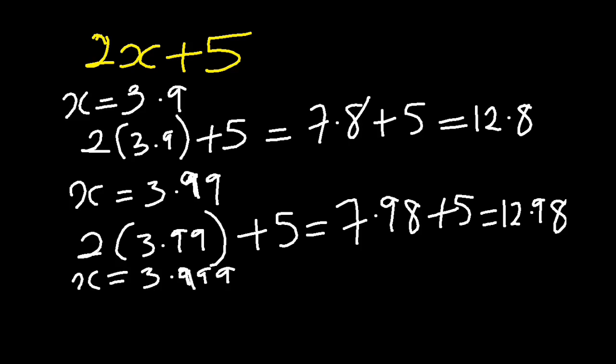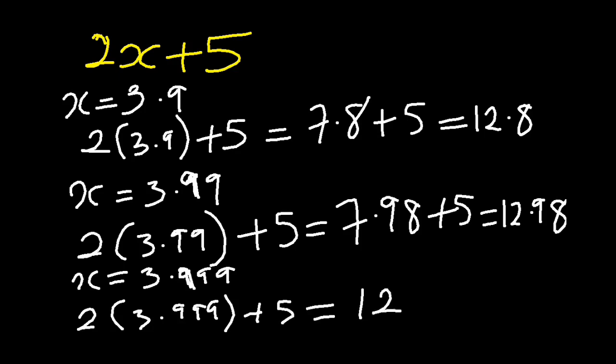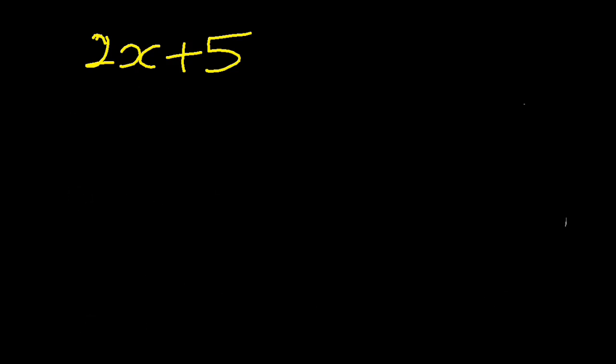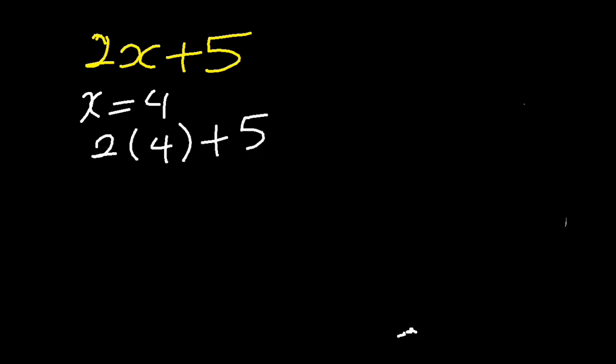So we have 2 into 3.999 plus 5, and this will be equal to 12.998. Now let's move on. So when x is equal to 4, we have 2 into 4 plus 5, which is equal to 8 plus 5 is equal to 13.